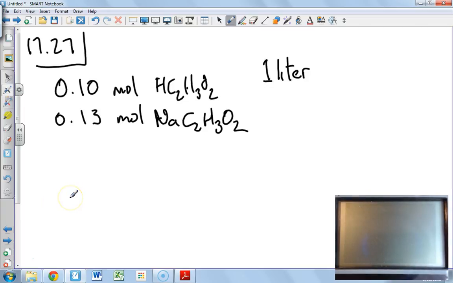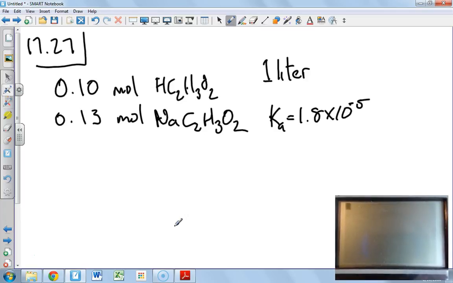Before we get started, you'd have to be given the Ka, 1.8 times 10 to the minus 5. Once you have that Ka, we can do the pH. If we're not adding anything to it, then it's just write the reaction, do the equilibrium. I say just like it's that easy, but it's not necessarily that easy, but that's what it is.